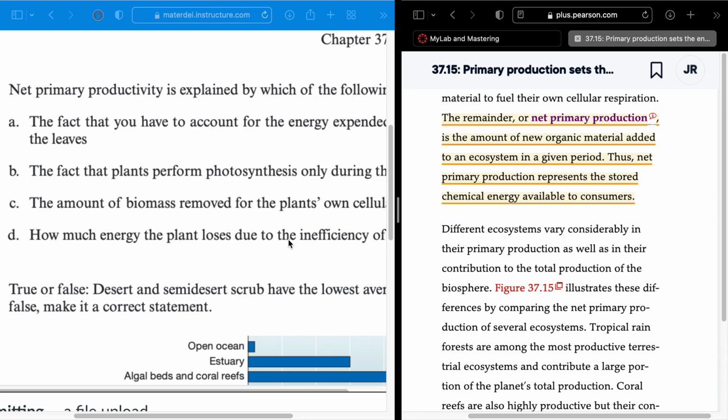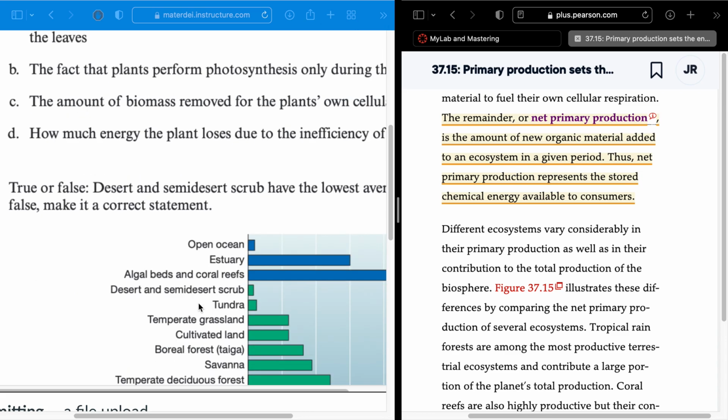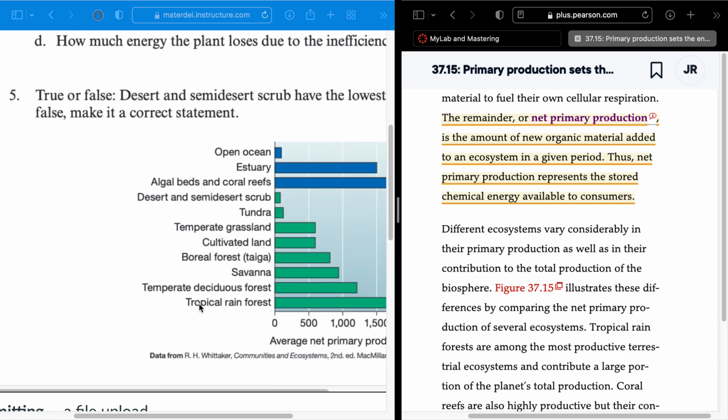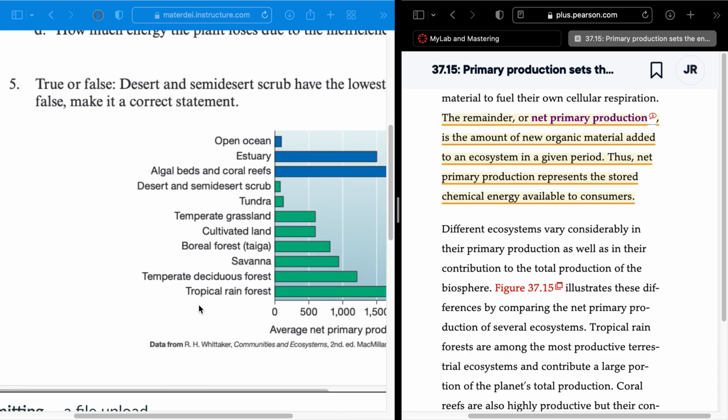So the question is a little ambiguous, because net primary productivity is explained by the fact that you have to account for the energy, and then what's left over goes on, and the amount of biomass removed for the plant's own cellular respiration, yes, and then what's left goes on. So A and C are the best answer. I would not have a question like that on the test because it doesn't have a true right answer.